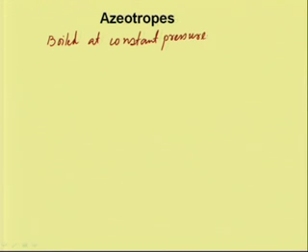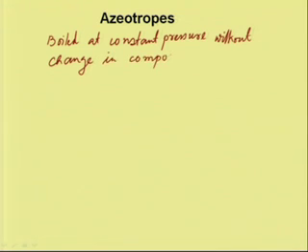azeotropes means it boils at constant pressure without change in composition. This is the azeotropic mixture. So, these azeotropes have two different types.